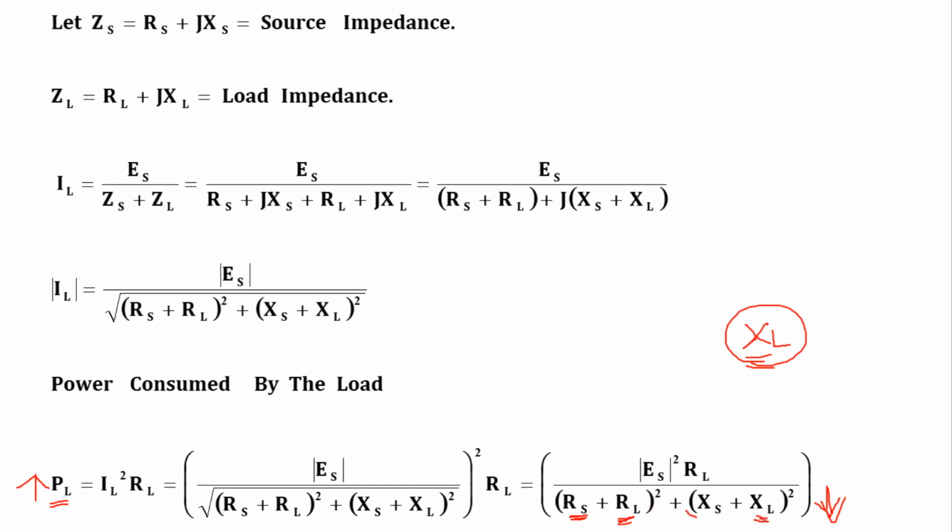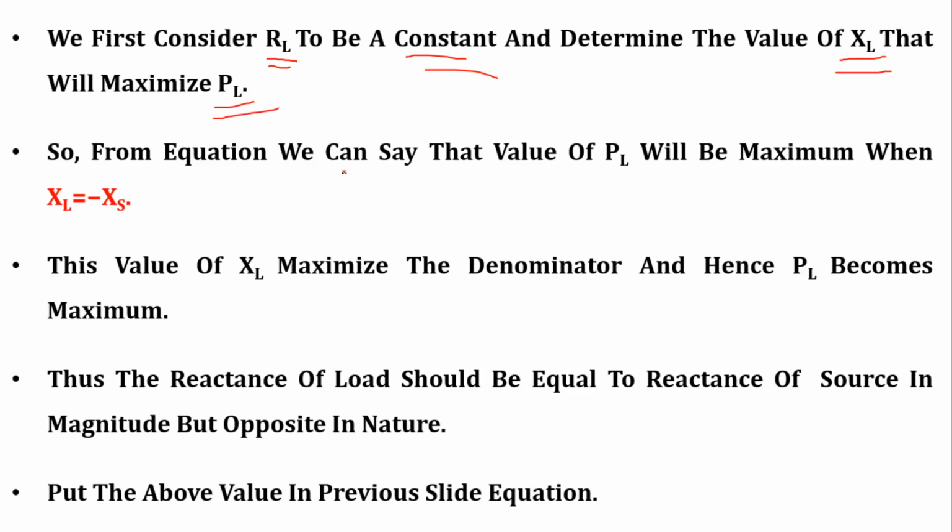XL is variable. So to make the denominator minimum, if I set the value of XL equal to minus XS, then for that particular condition the denominator becomes minimum, and for that value of XL you will get the maximum value of PL. So from the equation we can say that PL will be maximum when XL is equal to minus XS.